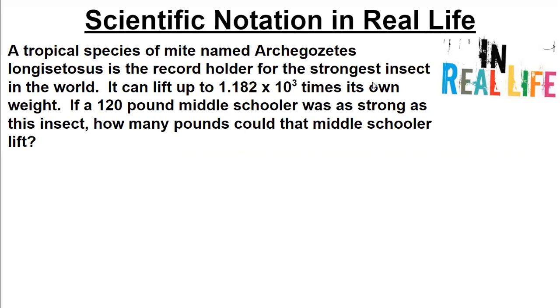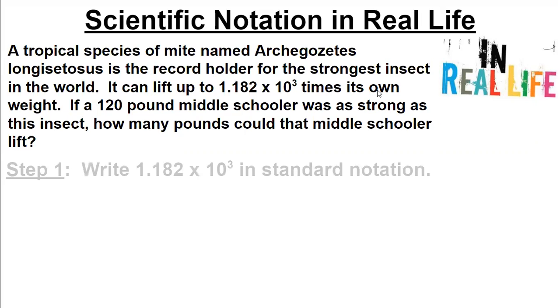It can lift up to 1.182 times 10 to the third times its own weight. That's a huge amount. If a 120-pound middle schooler was as strong as this insect, how many pounds could that middle schooler lift? So we want to see just how strong is that insect compared to what a middle schooler would be if it could lift that much, right?